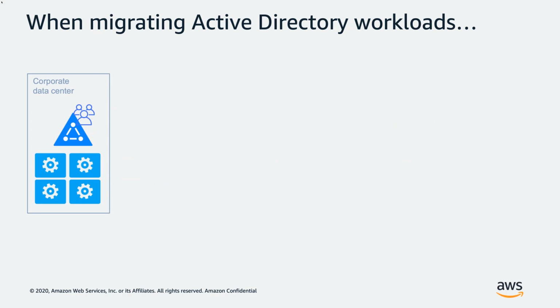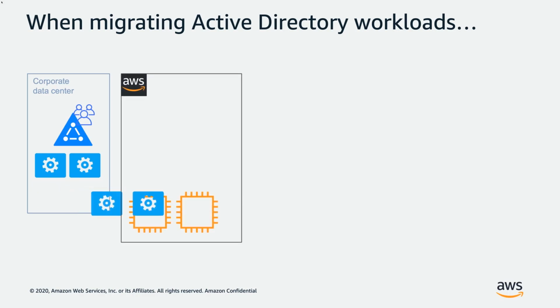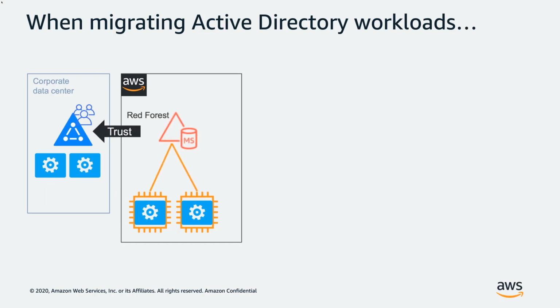Many other customers are coming from data centers where they use Active Directory to manage users. They often want to move existing Active Directory dependent applications into the cloud and run them on EC2 to decrease capital expenses. These customers extend their AD into AWS so the applications continue working with their AD users and groups.